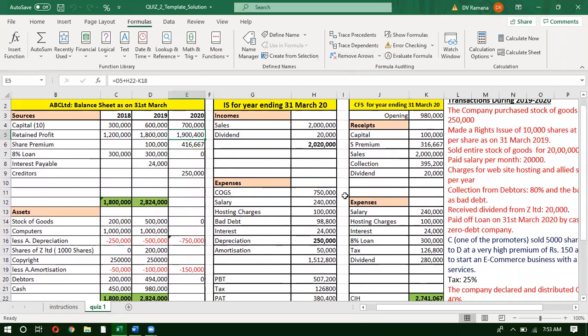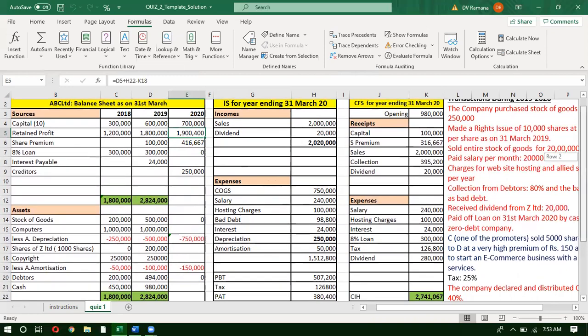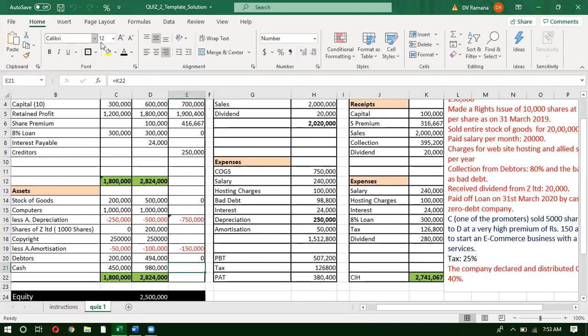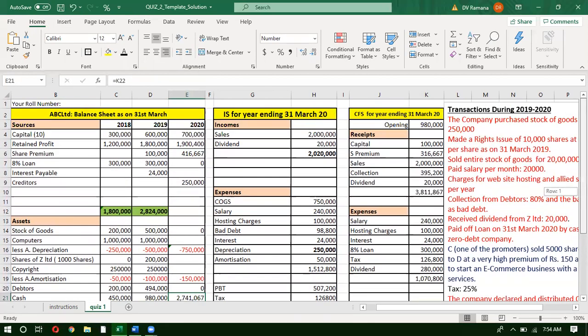So profit is transferred to the balance sheet and cash is transferred to the balance sheet. So the total of receipts minus payments is cash in hand, and cash in hand is transferred to the balance sheet. So the balance sheet is now required to be closed. No change in the interest payable.